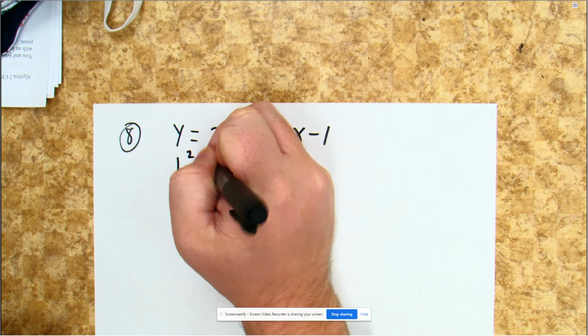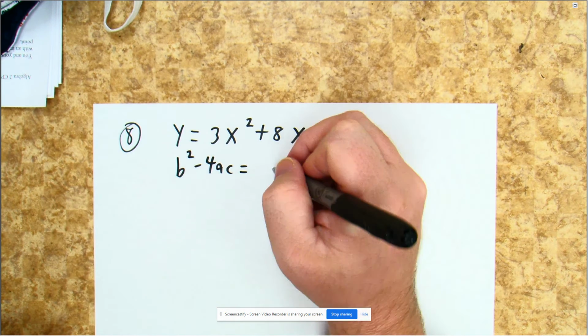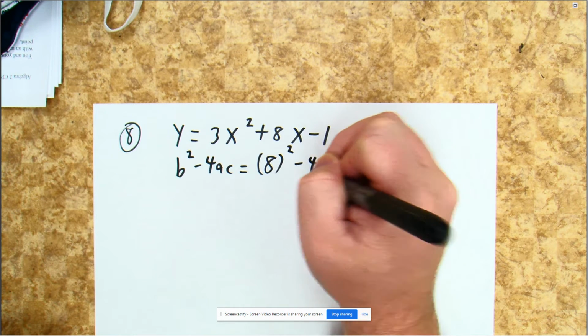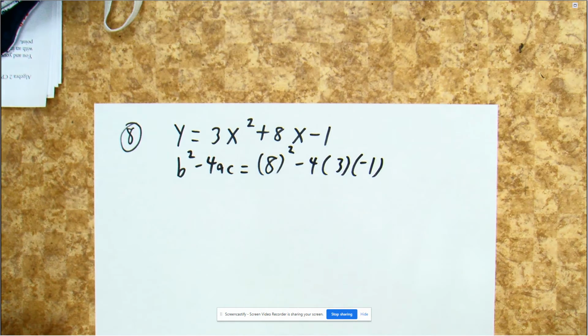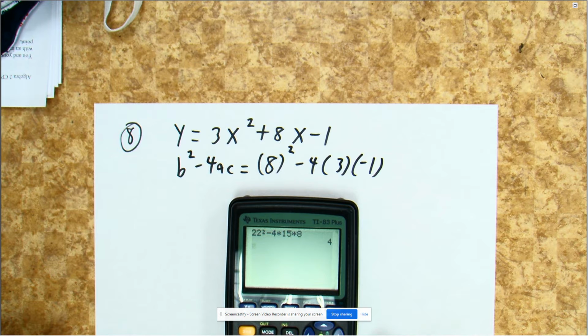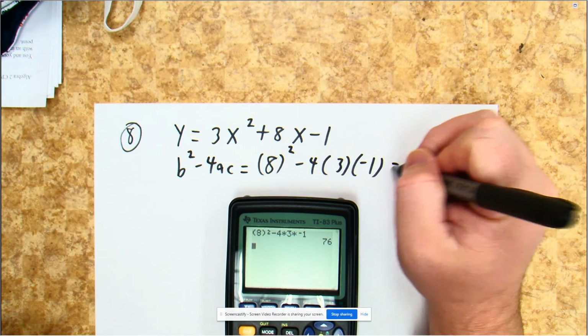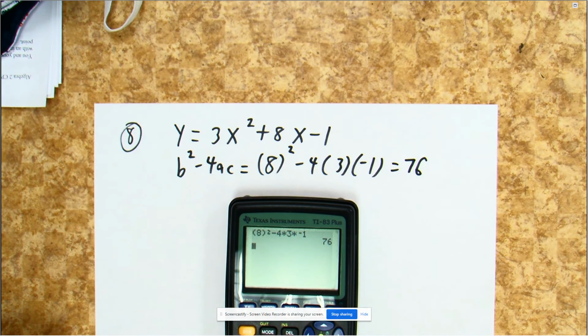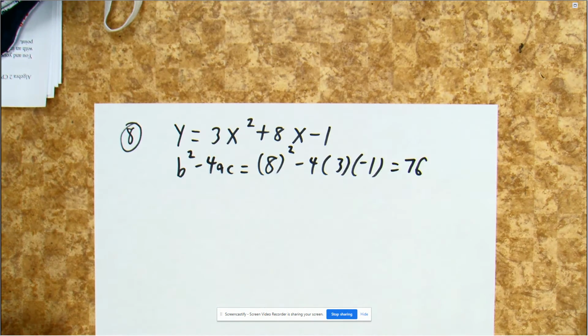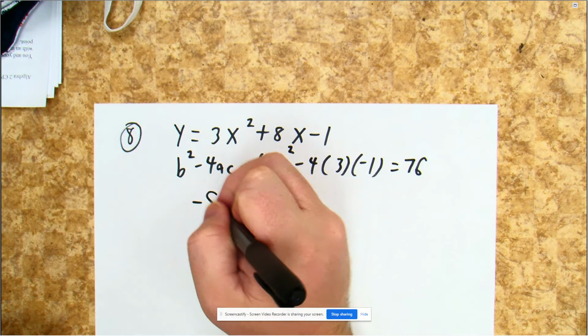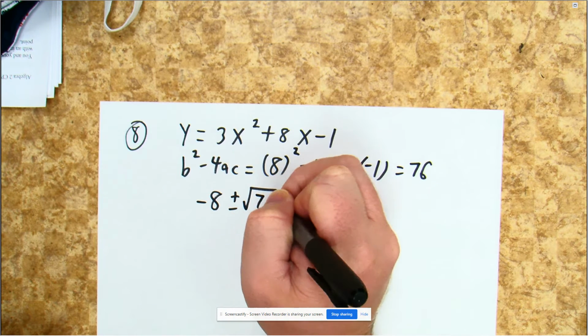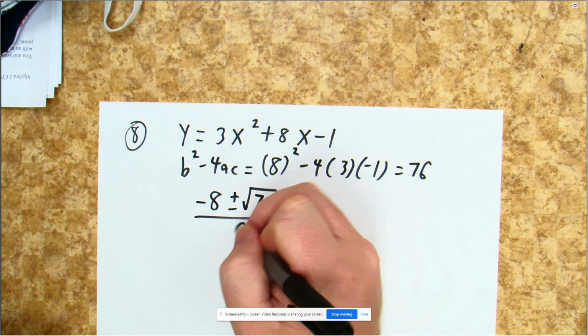Since they want me to use the quad formula, I'm going to use it. 8 squared minus 4 times a times c. I'm going to go to my calculator for a little 8 squared minus 4 times 3 times negative 1 gives me a 76. That's my discriminant. Negative b plus or minus the square root of the discriminant over 2 times a.